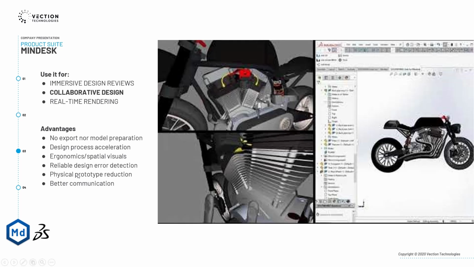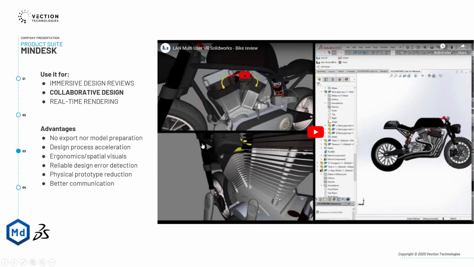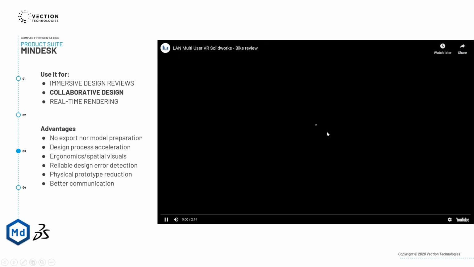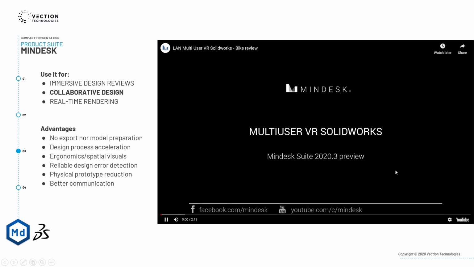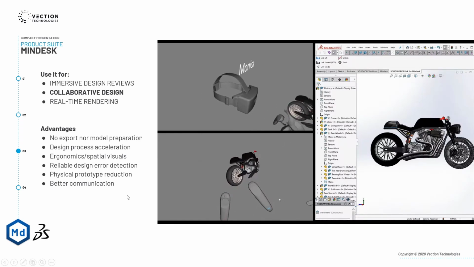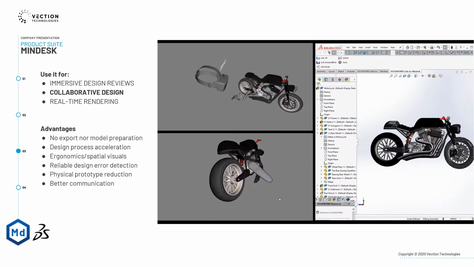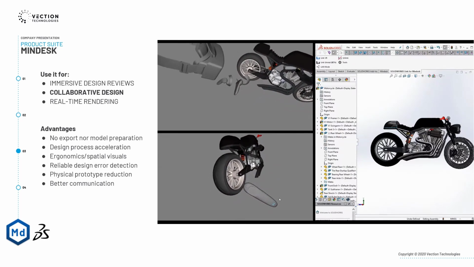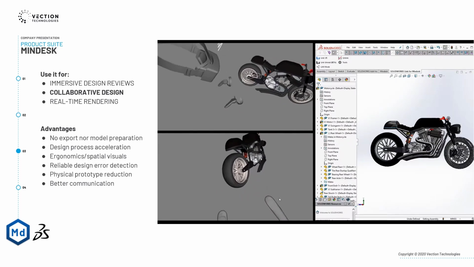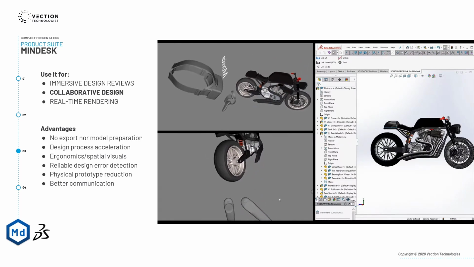So this is an example, perhaps a little bit clearer, of the collaboration that I mentioned earlier. In this case, you see the user below. We're seeing the first person perspective of these two users.